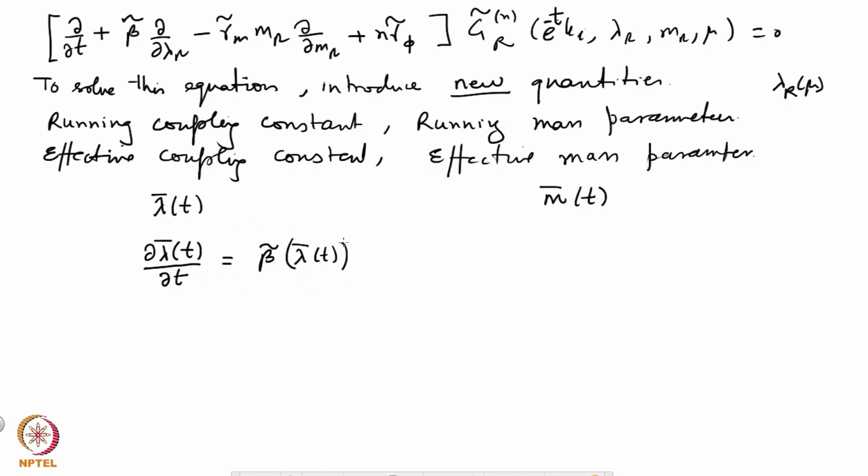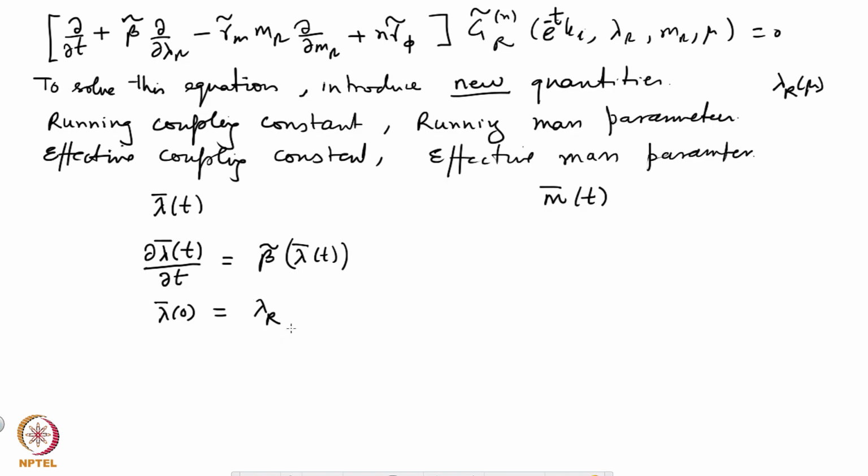And of course, giving a differential equation only, even though it's first order, doesn't solve it completely unless you specify the boundary condition. So the boundary condition is that lambda bar at t equal to 0 is equal to lambda r. And I'm going to suppress mu because mu we always keep fixed now.